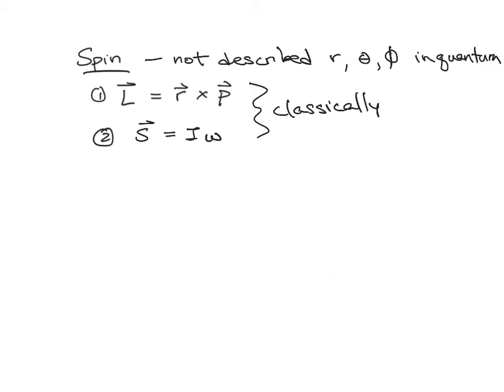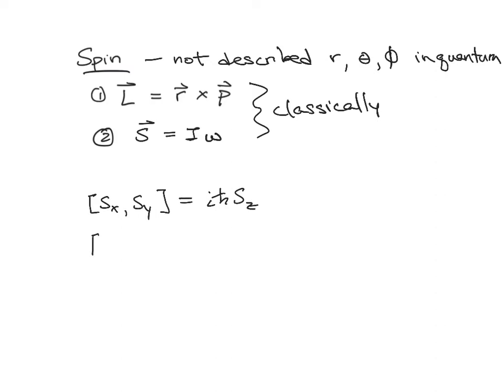So the algebraic theory of spin looks just like the algebraic theory of orbital angular momentum, in that we can talk about commutators of our different components of spin. The commutator of the x component with the y component gives i h bar and our z component.